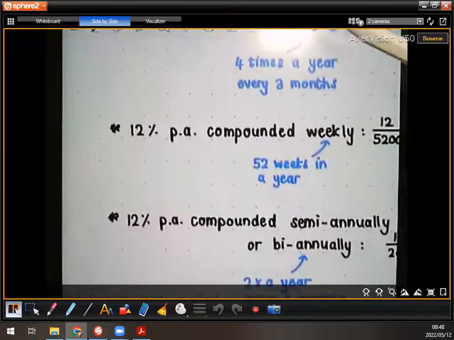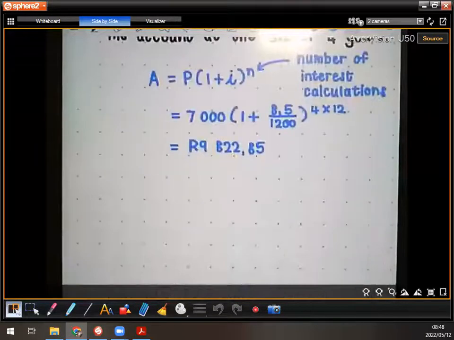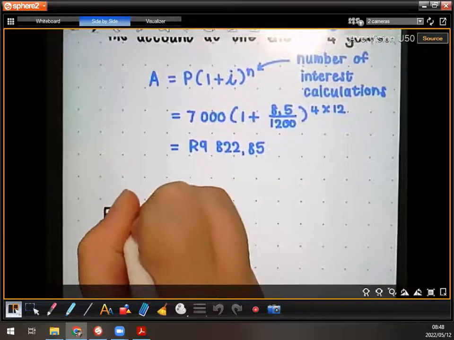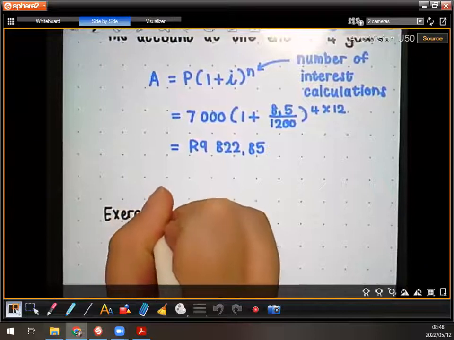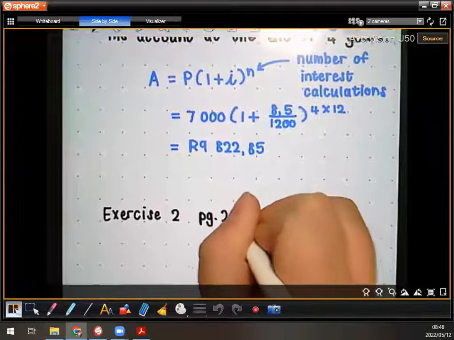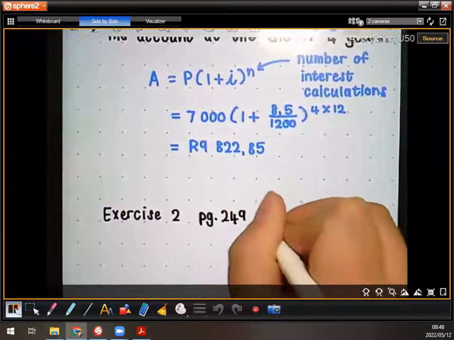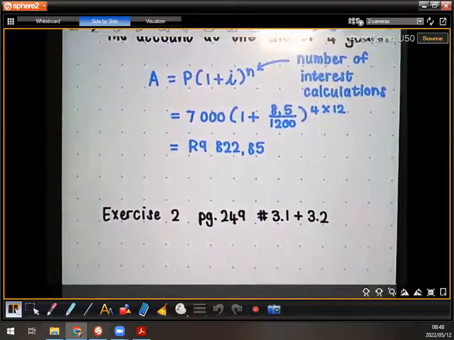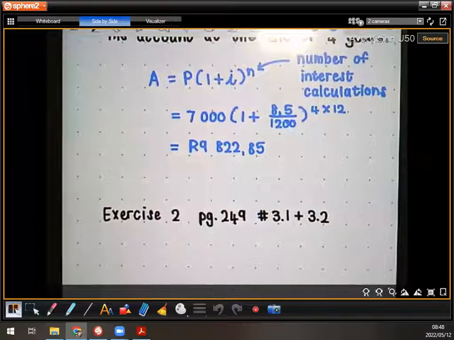So it is exercise 2.9, if you can just do 3.1 and 3.2. So 3.1 is just you need to use the formula exactly like the example that we did now. The interest is obviously just different.